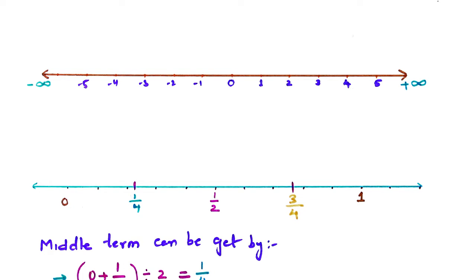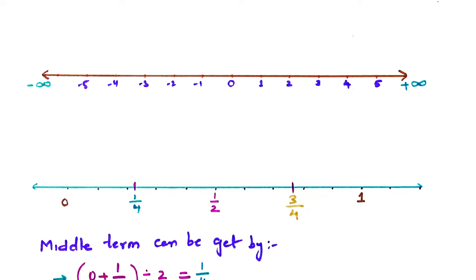When we add this up and divide by 2, we are going to get 1 by 4. Or you can have it in another format, multiplying 0 plus 1 by 2 by half will give you the same number, that is 1 by 4. So by doing that, we can get infinitely many terms between 0 and 1.